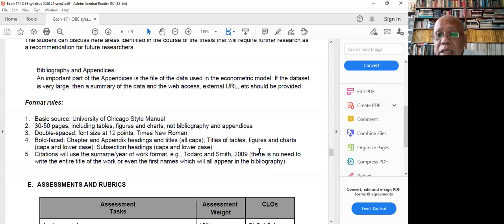Mabuti na lang yung kanyang data nandun nga sa appendix. So tinignan namin, napansin namin, ba't ganito yung GNI ninyo ng Pilipinas? It kept on increasing. Kept on increasing. So I checked yung years nagkaroon ng recession, 1983 to 84. It kept on increasing. Then I finally said, ano to?